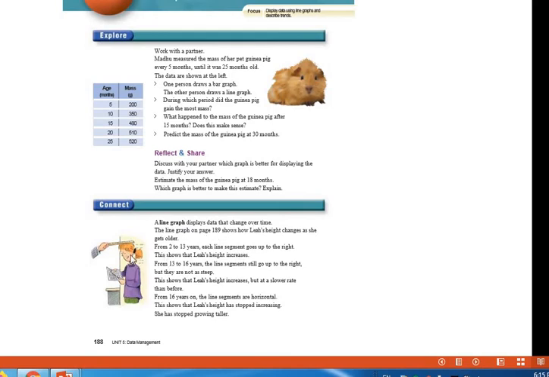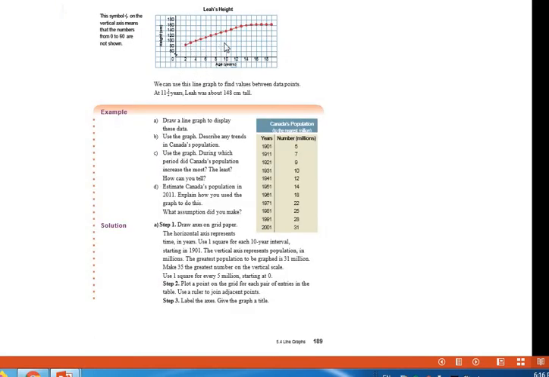As in this example, I have a girl and I measured her length through the years she lived, and she's still alive, thank God. Can you see this? Yeah, this is the graph here. It's a line graph. Why? Because it represents here the different lengths for her.